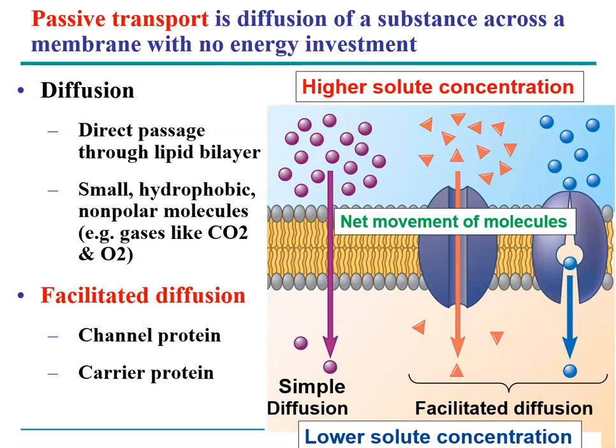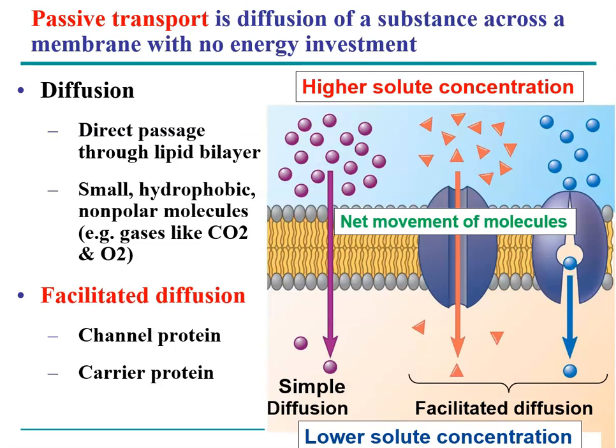Now, some diffusion occurs directly through the bilayer. That's simple diffusion. And that's, again, just because of the nature of those molecules to want to reach an equilibrium, where there's an equal number relatively on opposite sides of the membrane. With the scenarios in the middle and on the right, those molecules cannot just go directly through the bilayer.